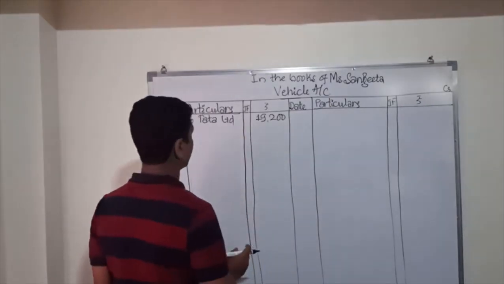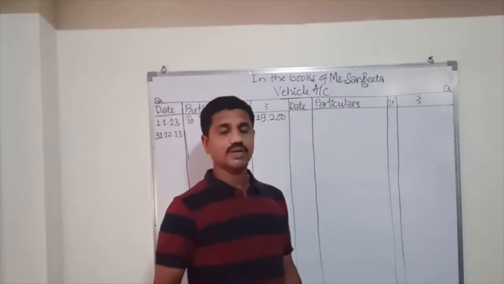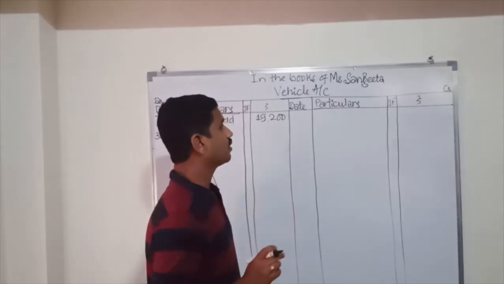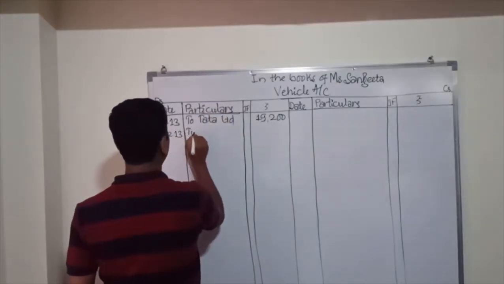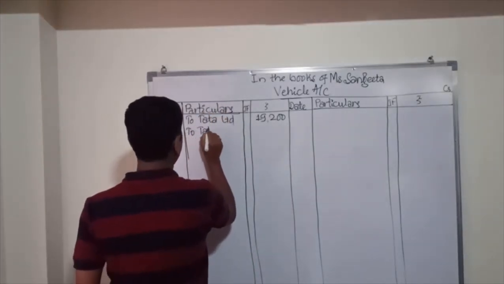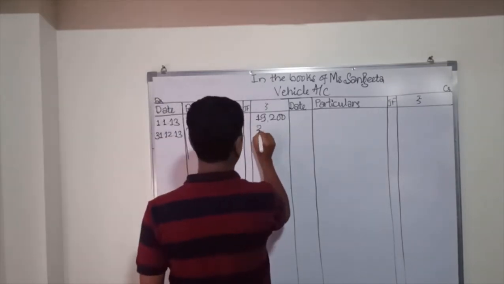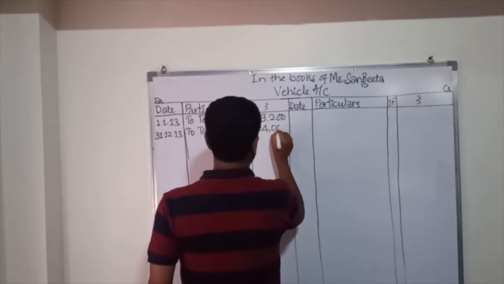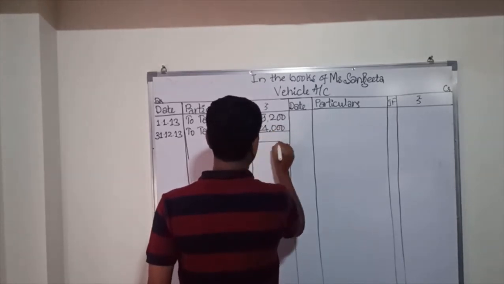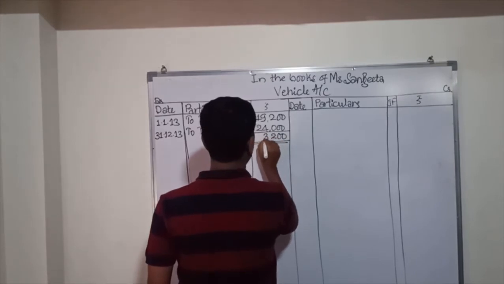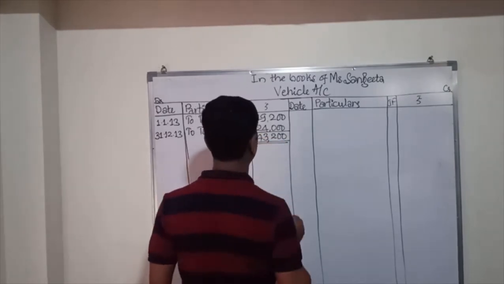So the journal entry will be vehicle account debit, interest account debit to Tata Limited. So we should take only the principal amount. In the hire purchase chart we have calculated it as 24,000. So now let me take the sum of this here. 200, 9 plus 4, 13, carry 1, so 43,200.